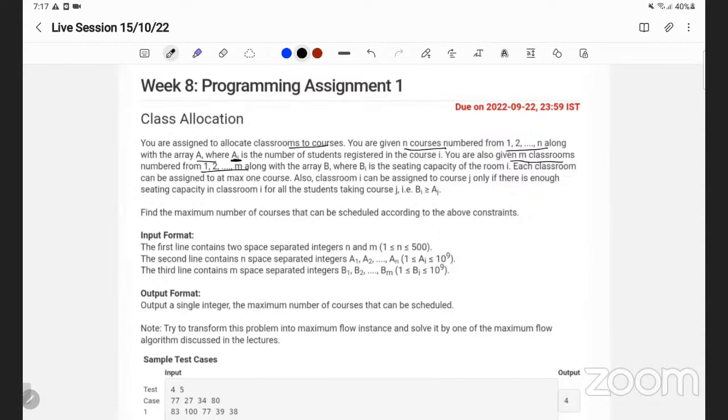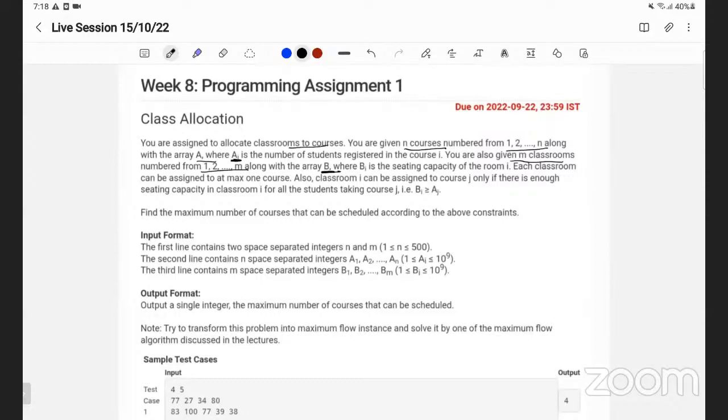and you are given an array B, where B_i represents the capacity of the ith classroom. And basically your task is to assign each of the classrooms to one of the courses. So there are two conditions. Each course can be assigned to at max one classroom, and one classroom can be assigned to at max one course.